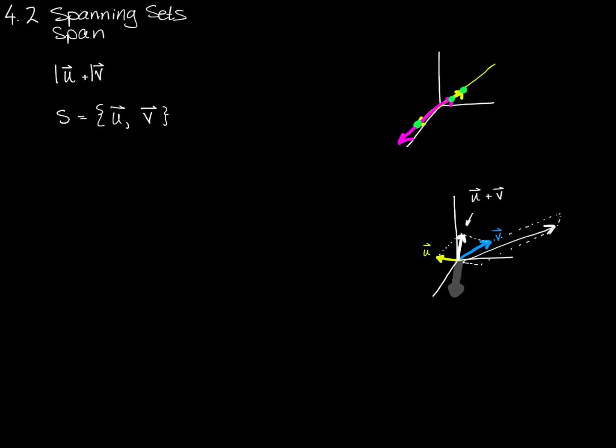But in R3, something else does happen. In R2, when I add a third vector, that vector has to be on the same plane as my first two vectors. There is only one plane. It's the xy plane. In R3, my third vector can point in a third direction. And so that gives me a little bit more room for moving around.